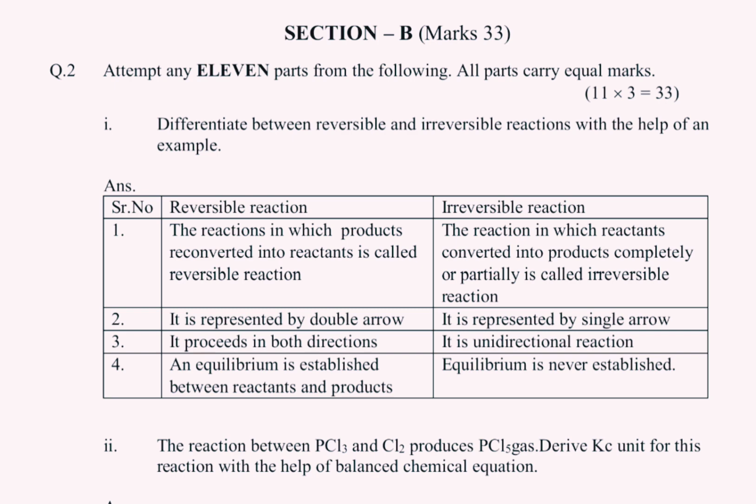And how you differentiate it is by considering any reaction. A reversible reaction is presented by a double arrow, and an irreversible reaction by a single arrow. Irreversible is unidirectional, reversible is bidirectional, and there is always an equilibrium established, a dynamic equilibrium you must write, between reactant and product.